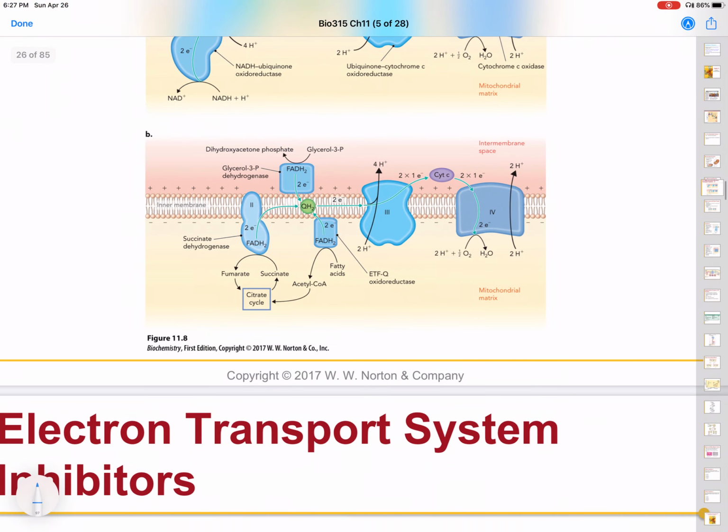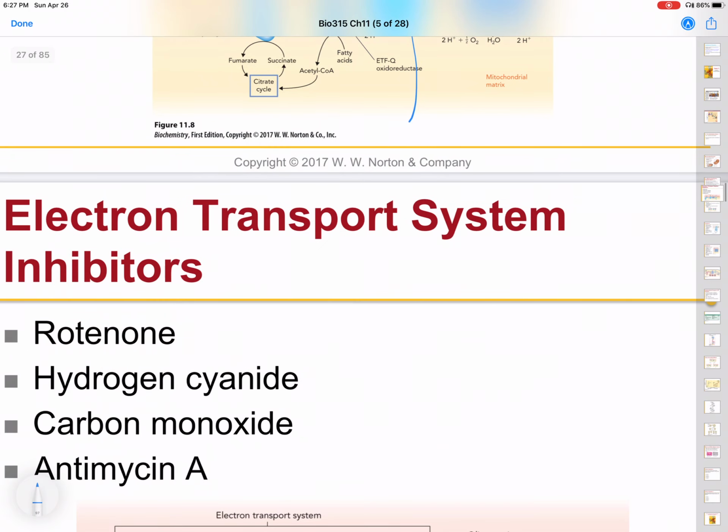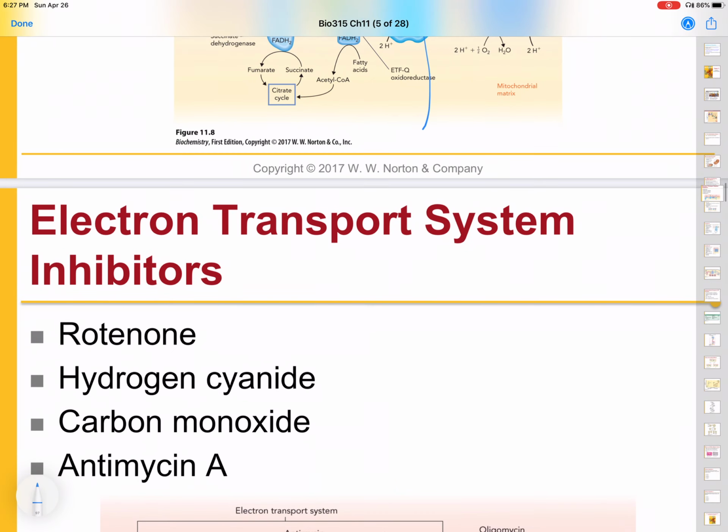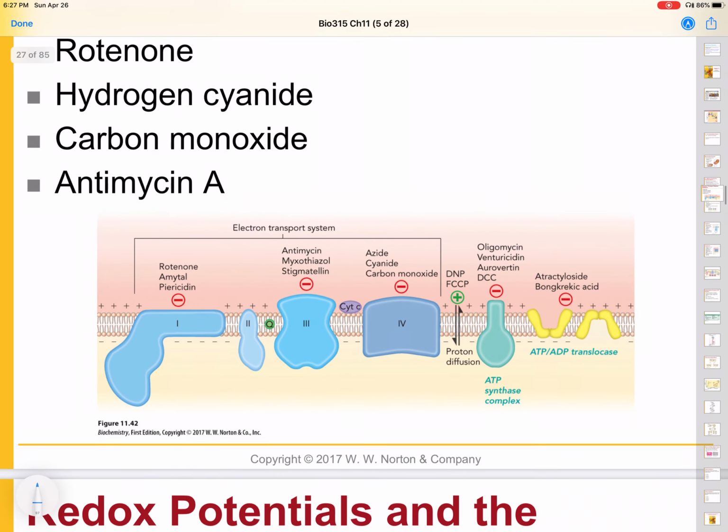So let me see if there's anything good. Anything else I'll say will belabor the point here. One thing that's kind of neat, depending on how morbid you are, is that a lot of our poisons work on the electron transport chain. It's a fundamental energy chain.